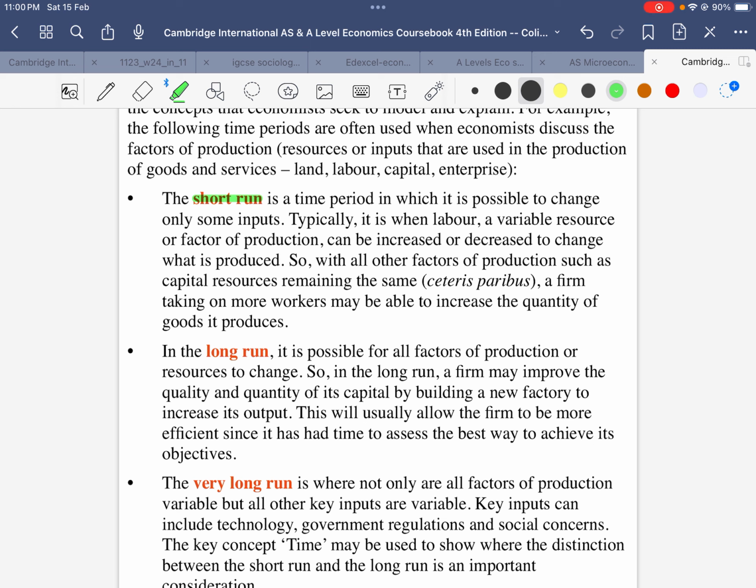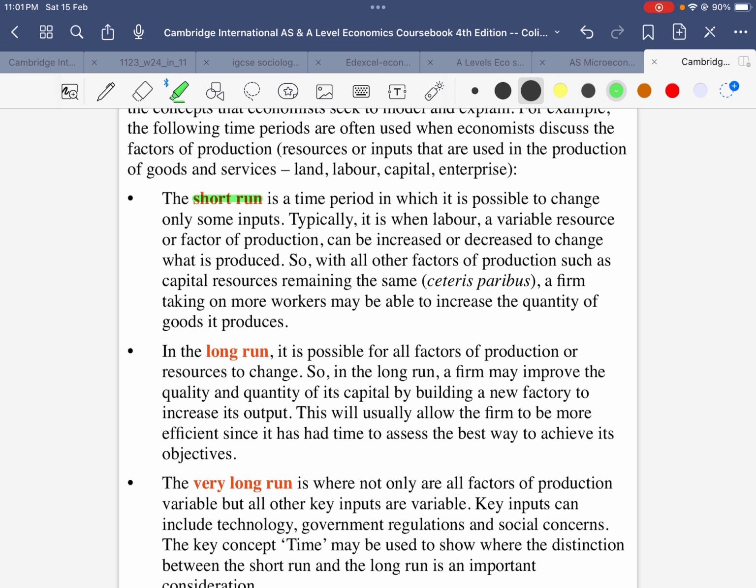It is possible to change only some inputs, and at least one factor of production is constant, which is normally capital, because you cannot change capital very rapidly, and the variable factor of production is labor, as it can be increased and decreased to change the quantity of goods and services produced or to meet changing demands, right?